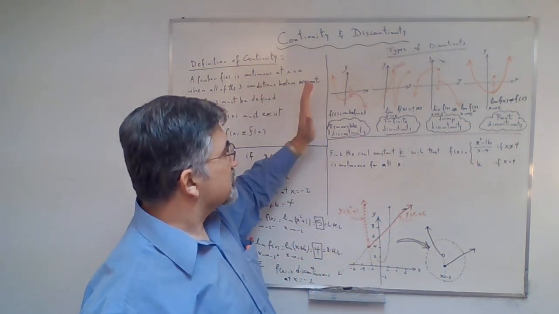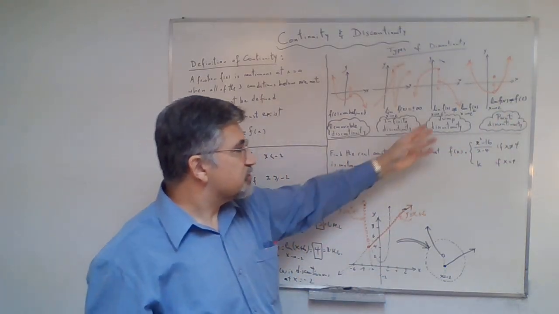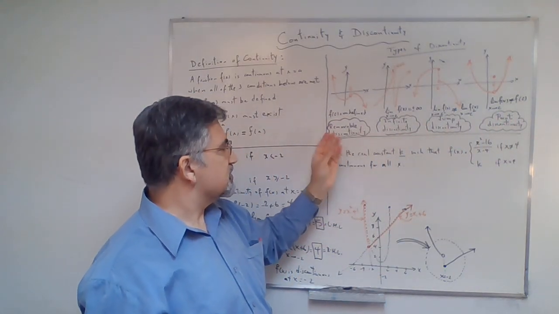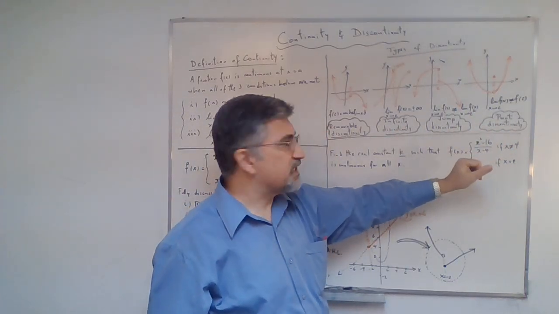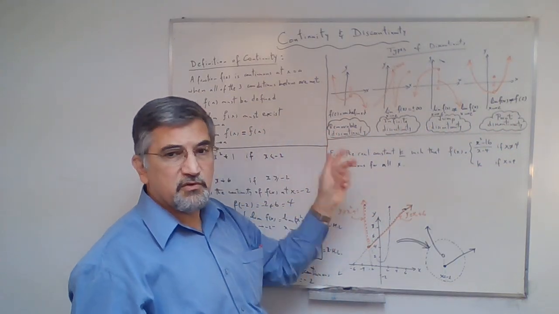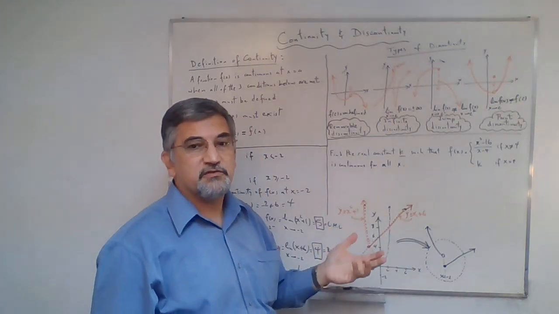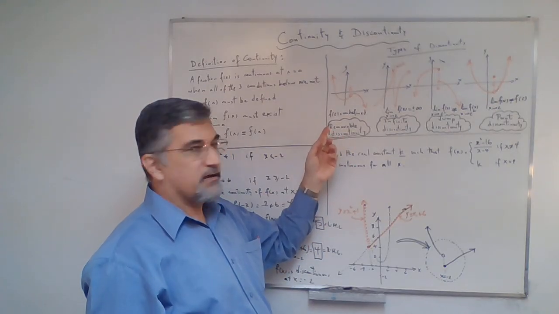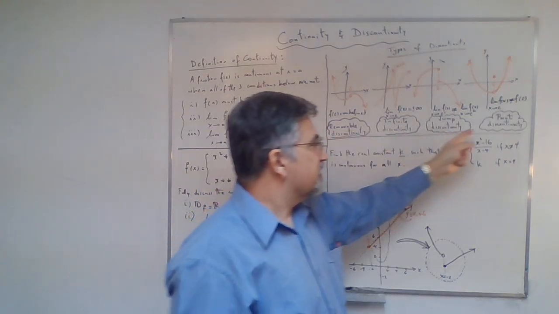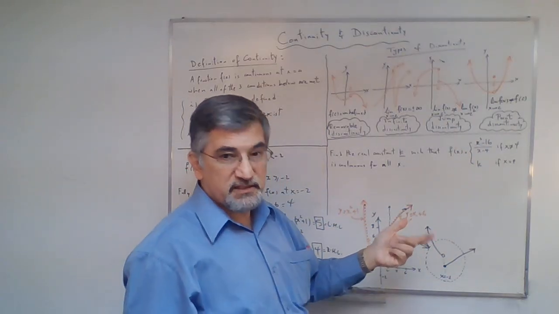Okay, so there are 4 different types of discontinuities out there. You need to know the names: jump discontinuity, infinite discontinuity, removable discontinuity, and point discontinuity. In some textbooks, point discontinuity and removable are taken as the same. But when you think about it, they're not the same. Removable discontinuity is when the first condition is not satisfied. The point discontinuity is when the third condition is not satisfied.